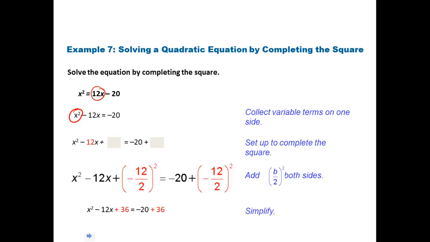So now on the left side, we have a perfect square trinomial. So we can factor this completely to x minus 6 squared, and simplify the numbers on the right hand side. We get 16. Now we square root both sides, keeping in mind your plus or minus.